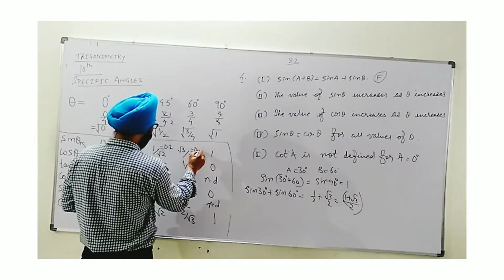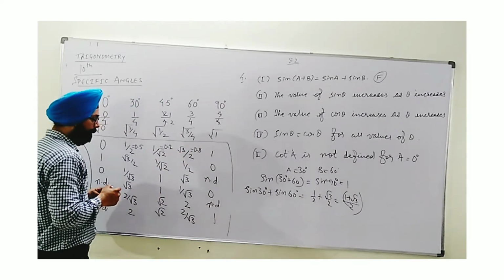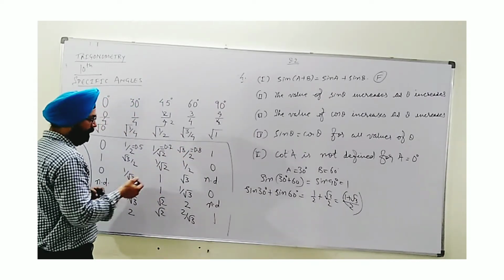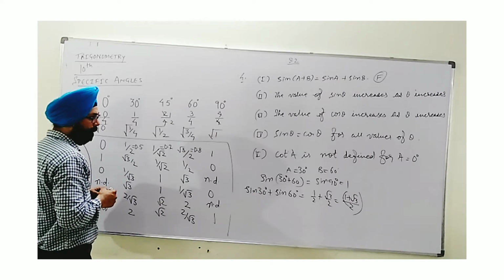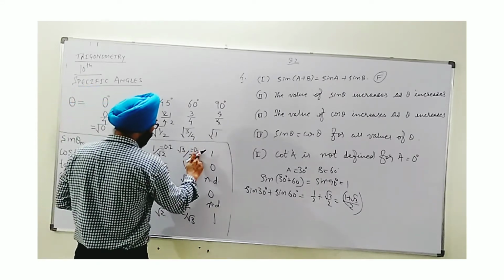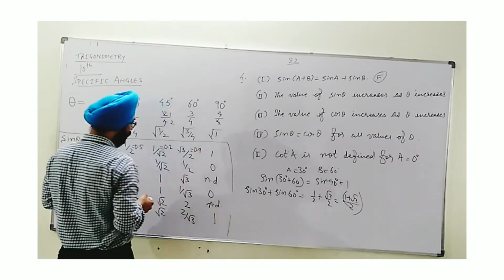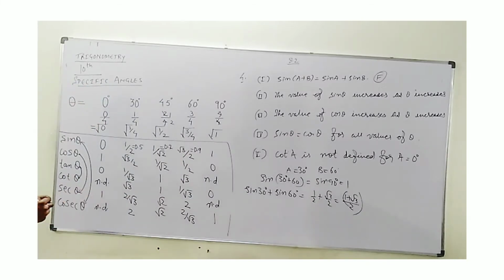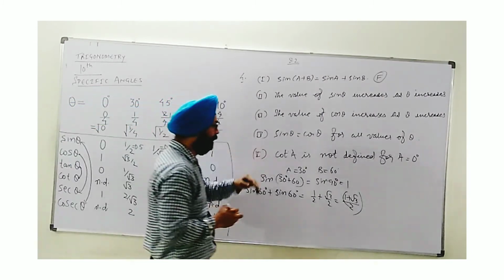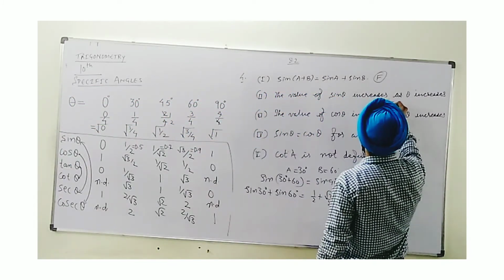You will get around 0.8. And rounding off, you will get 0.9. And you can see it is 1. Now you see sine theta is increasing: 0, 0.5, 0.7, 0.9 and 1. So this is true.